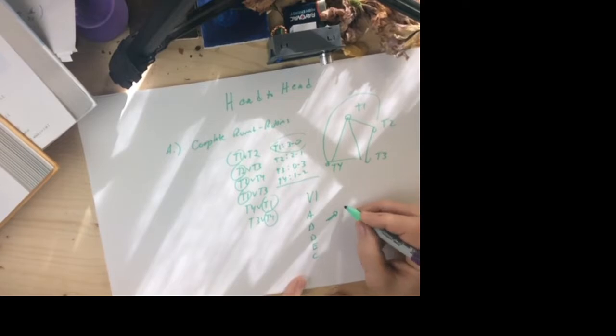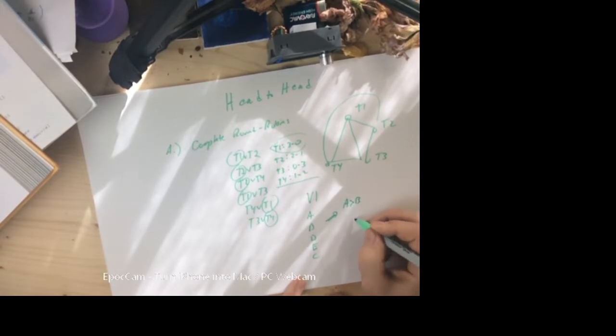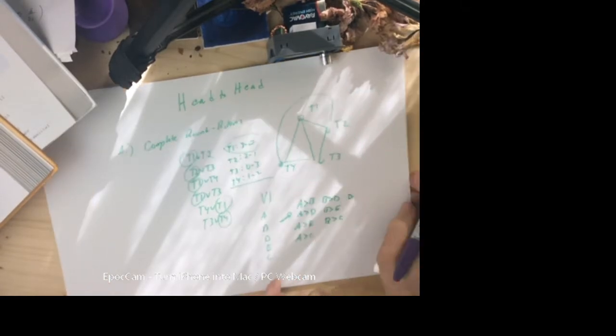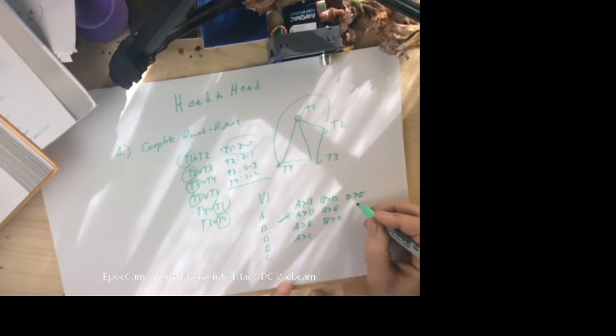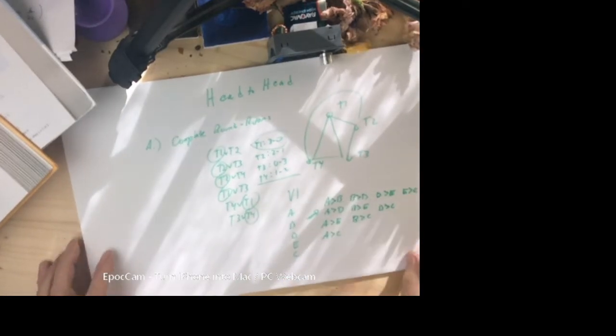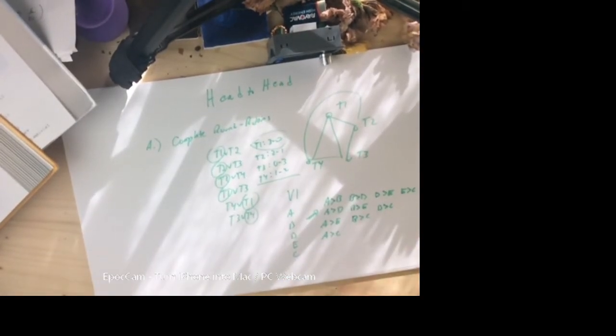It says that he believes that A is better than B, and A is better than D, that A is better than E, that A is better than C, that B is better than D, that B is better than E, that B is better than C, that D is better than E, that D is better than C, and that E is better than C. So in other words, when you vote with the preference ballot, we can have you participate in a round-robin tournament.